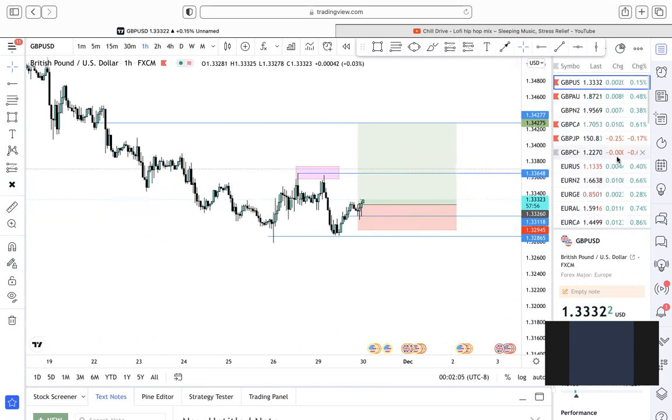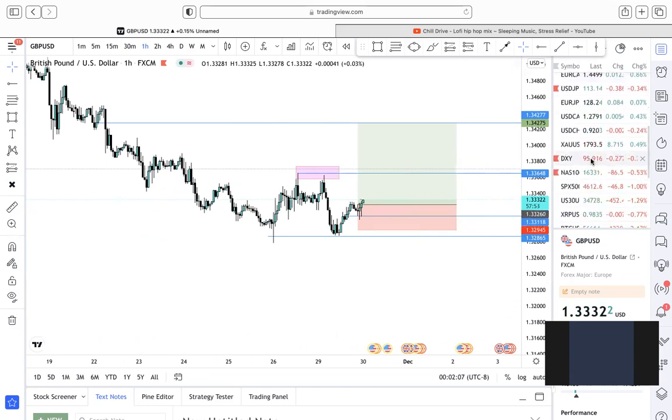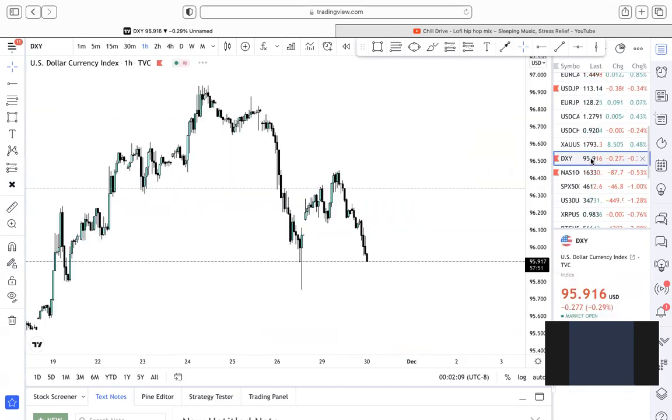Depending on what DXY is doing, it's also going to relate a lot to dollar pairs such as GBPUSD. If DXY starts going to the downside, most likely the pound is gaining value over the dollar, so GBPUSD should be rising. If the dollar index goes up, GBPUSD should be decreasing in value versus the dollar, so it should be coming to the downside.